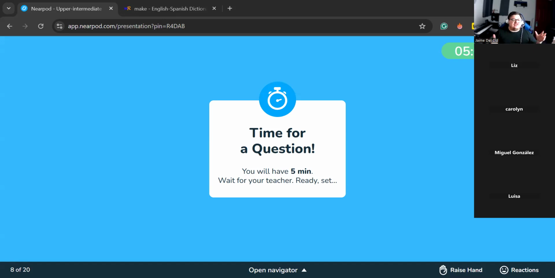Eso quiere decir que son oraciones que nosotros conocemos bien porque están hechas en forma activa. Es decir, el pronombre va primero, luego va el verbo, luego va el complemento. Pero passive voice es al revés. Nos enfocamos en el complemento, en el resultado, no nos enfocamos en la acción. ¿Ok? Entonces, vamos a tener que aprender a darle la vuelta.